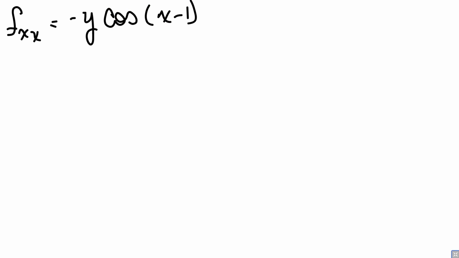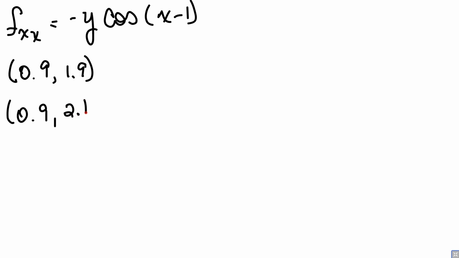We said that f of xx was equal to negative y times the cosine of x minus 1. So what we're going to look at is 0.9 comma 1.9, and then 0.9 comma 2.1.